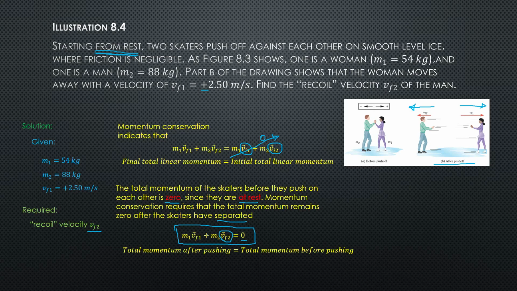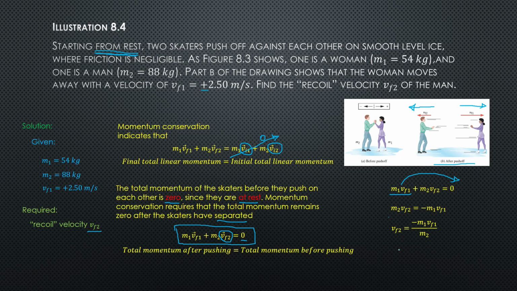From this formula, we can transpose this term to the other side, which changes it from positive to negative. Then dividing both sides by mass 2, we get negative mass 1 times final velocity 1 all over mass 2.